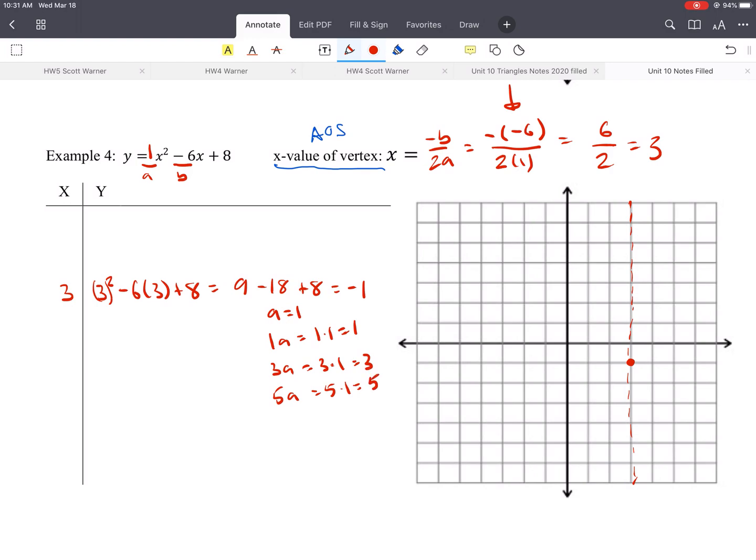Okay? So anyways, we'll go over 1, up 1, over 1, up 3, over 1, up 5. And I'm just going to put it there just for the heck of it. It's out of the graph, but again, if we were needing to graph this and I was going to grade it, you only need 5 points. So, something like that. Okay?